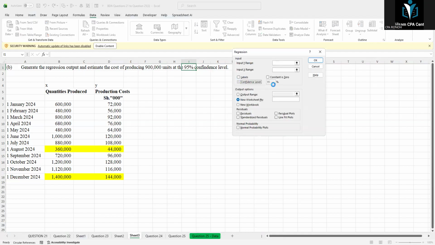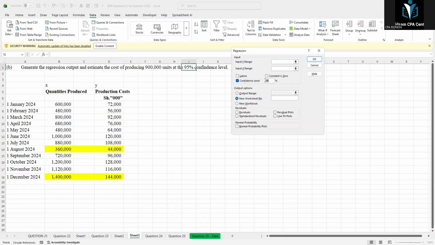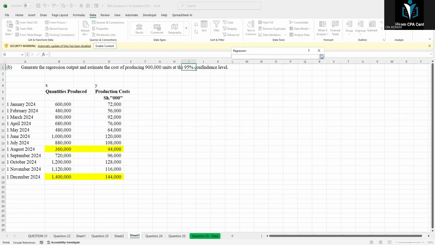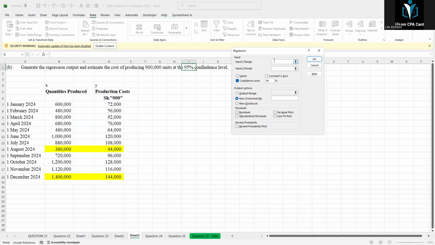Now the confidence level here, make sure it is 95%. Now we have the input range. The input range here is our Y. So I will put the cursor there, the input range of Y, and then select the data of Y, which is this one, and then the input range for X, and select the data for X. You can plot a probability plot, no, the standard residual, no, in a new worksheet.